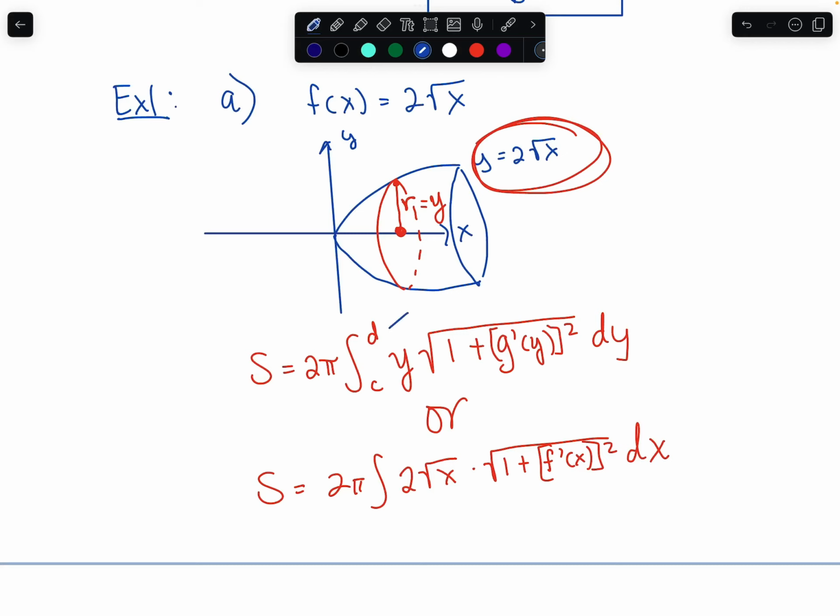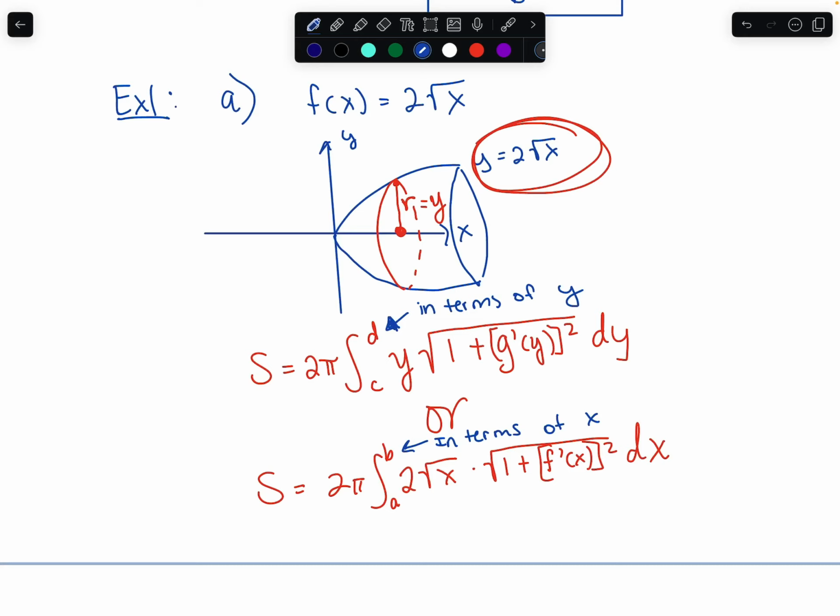And these limits here are in terms of y, from c to d, and these are a to b, in terms of x. I'm not going to do this one in terms of x, but I just want you to see that both of these problems are going to give you the same exact answer.